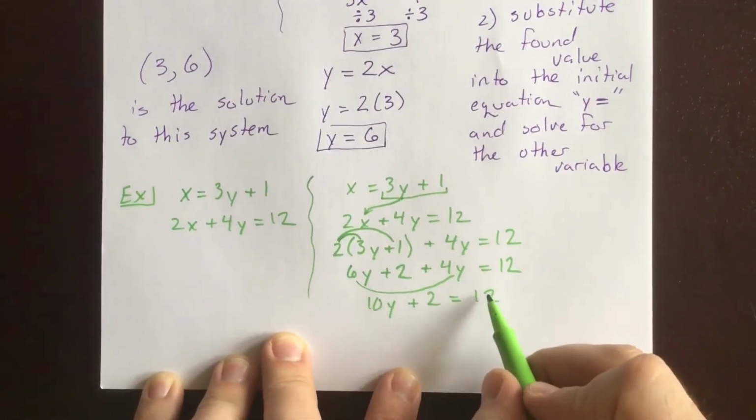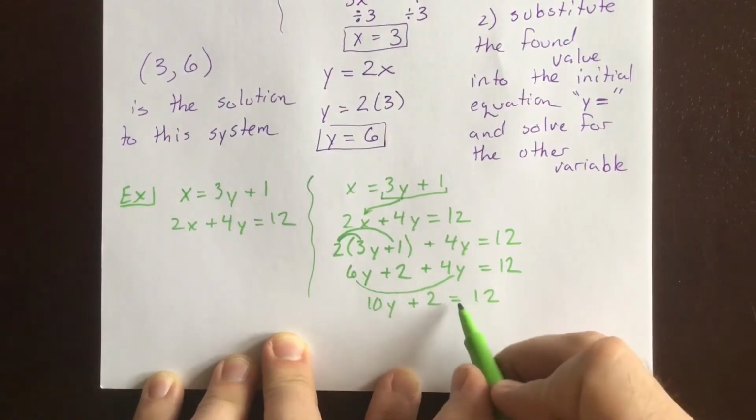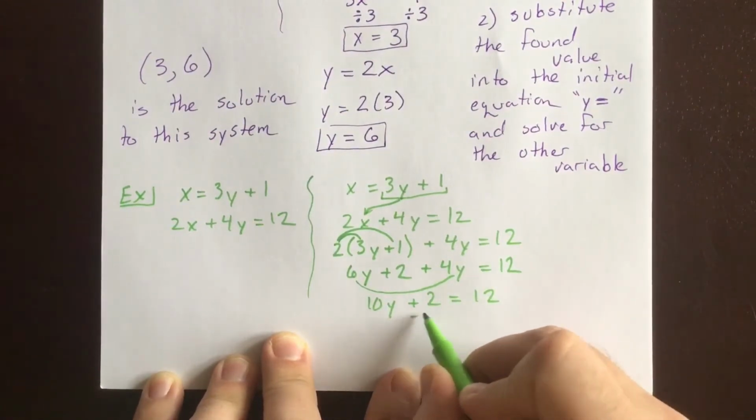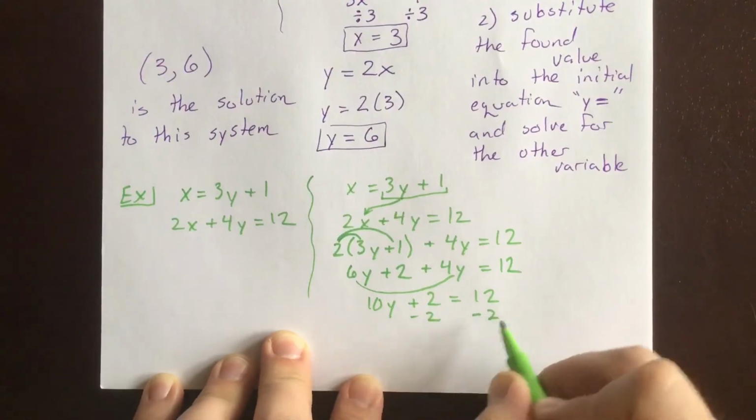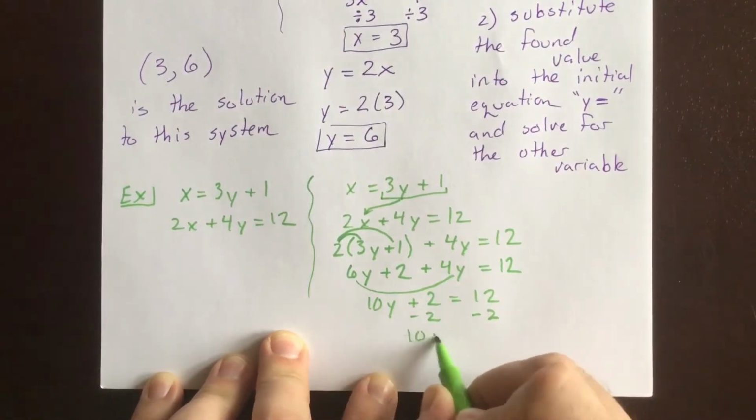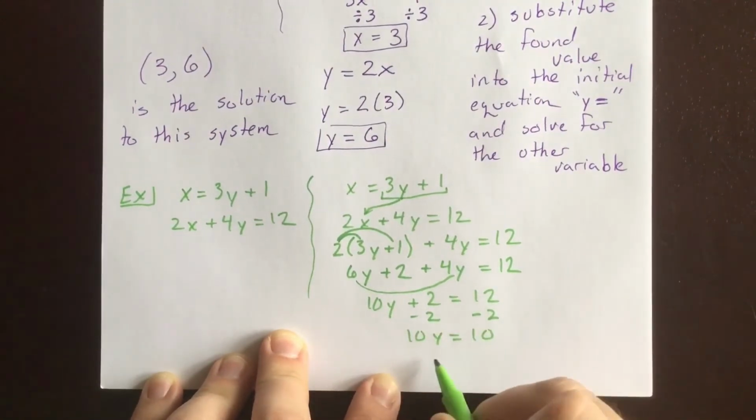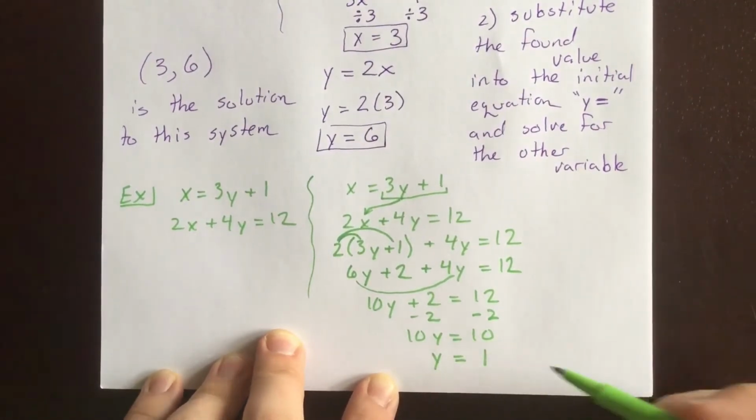Now 2 and 12, yes, we're going to combine them, but because they're on opposite sides of the equation, we should know by now that we subtract, and we get 10y equals 10. We divide by 10, we get y to be 1.